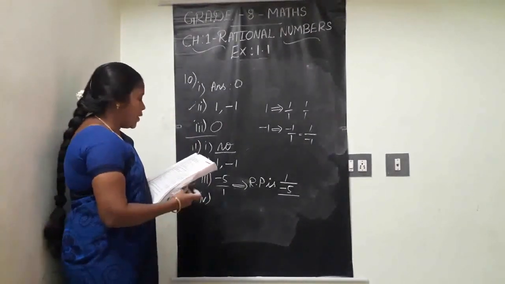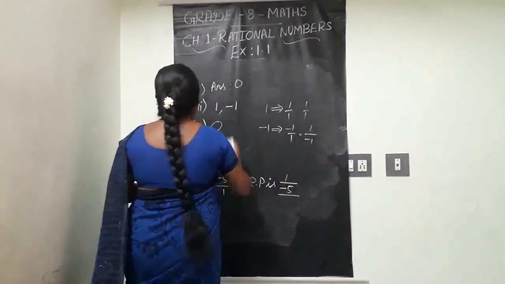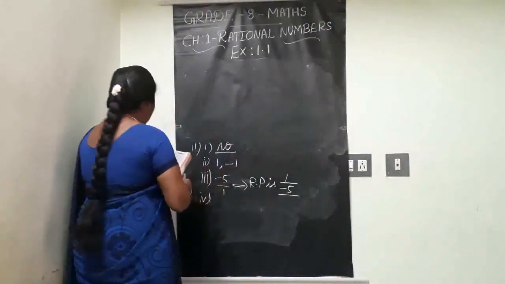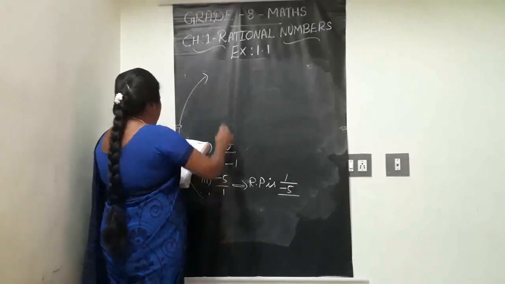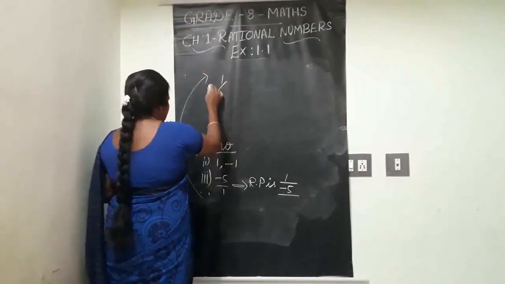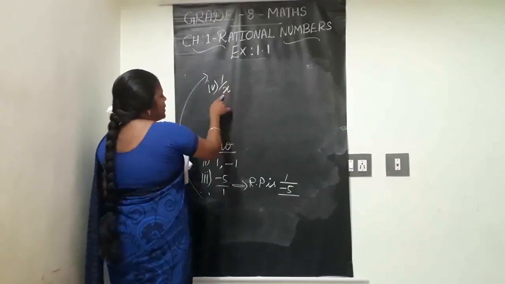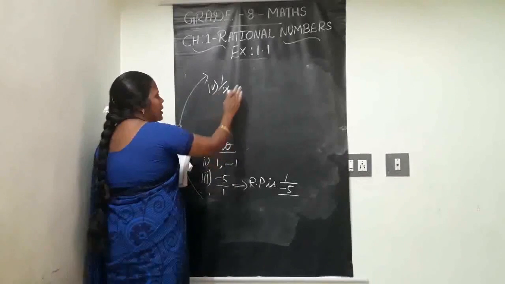The reciprocal of 1 by x, where x is not equal to 0, is dash. Fourth question I am writing here in 11th. The reciprocal of 1 by x, x not equal to 0. They itself given the condition, x is not equal to 0.